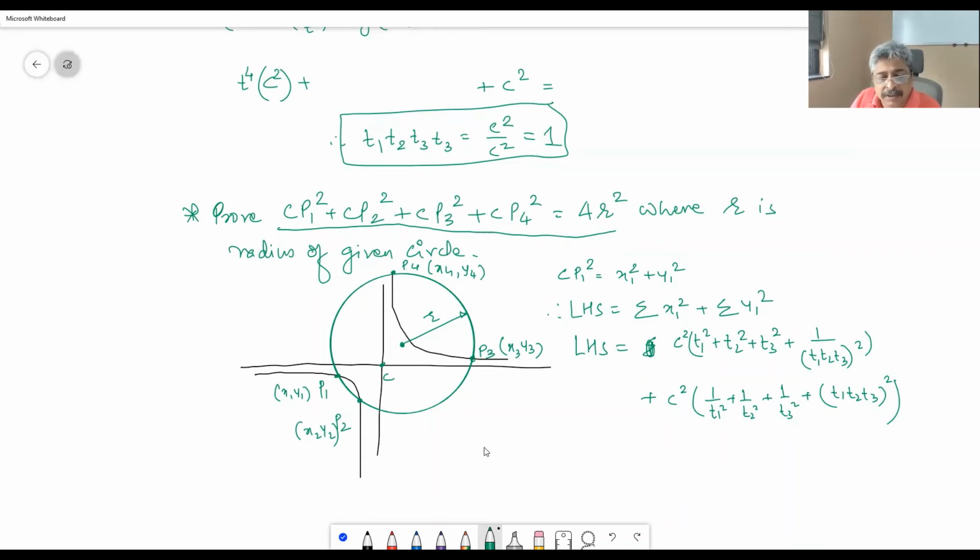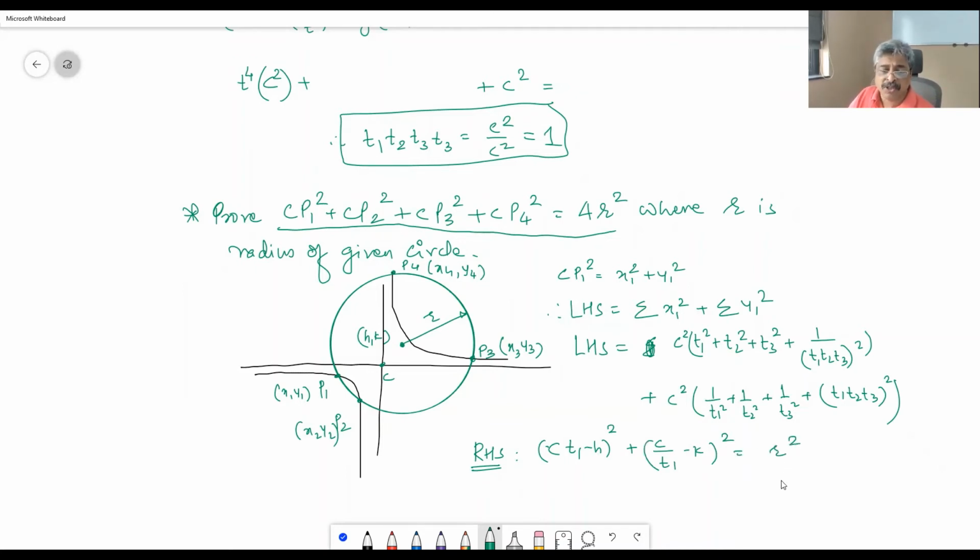And RHS: supposing we consider the center as h comma k and the radius as r, the equation of the circle is x minus h bracket square plus y minus k bracket square equals r square. For P1, it is ct1 minus h bracket square plus c upon t1 minus k bracket square is equal to r square.